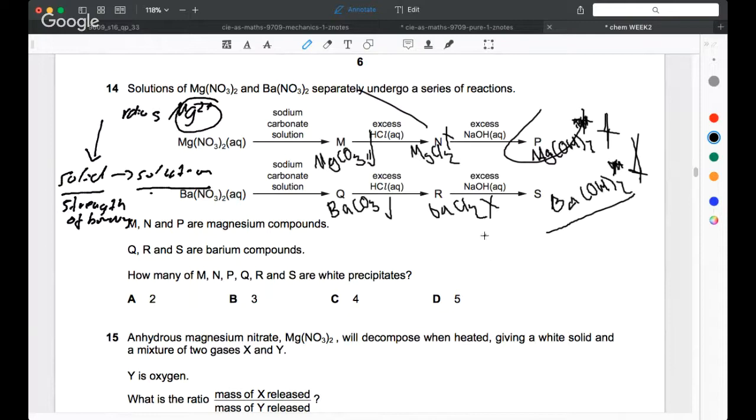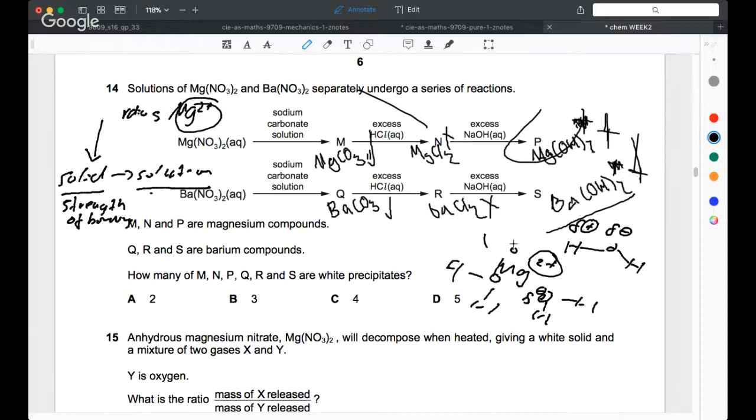In solution, for example, if I have a magnesium ion, that is a positive charge. In the water, the oxygens are negatively charged and the hydrogens are positively charged because of the difference in electronegativity. The oxygen ends surround this cation, forming an electrostatic interaction between the negative oxygen and the positive magnesium.